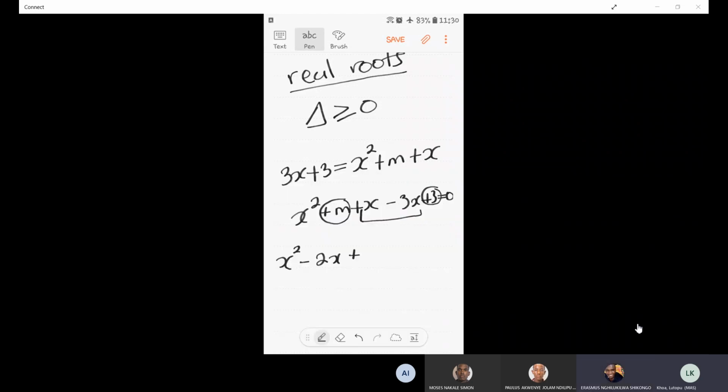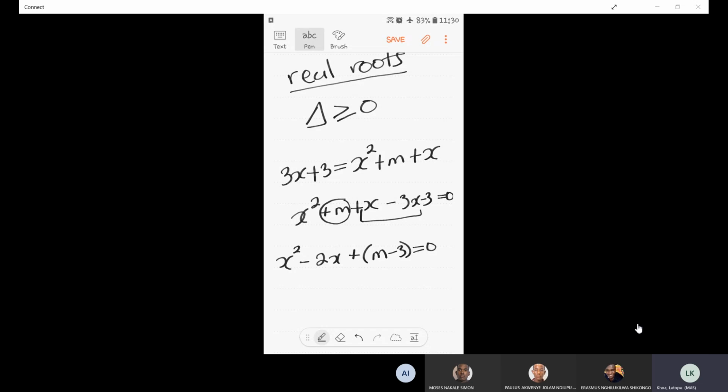Why is the other 3 positive? It should be negative. Yes, it should be negative. Minus 3. Thank you.